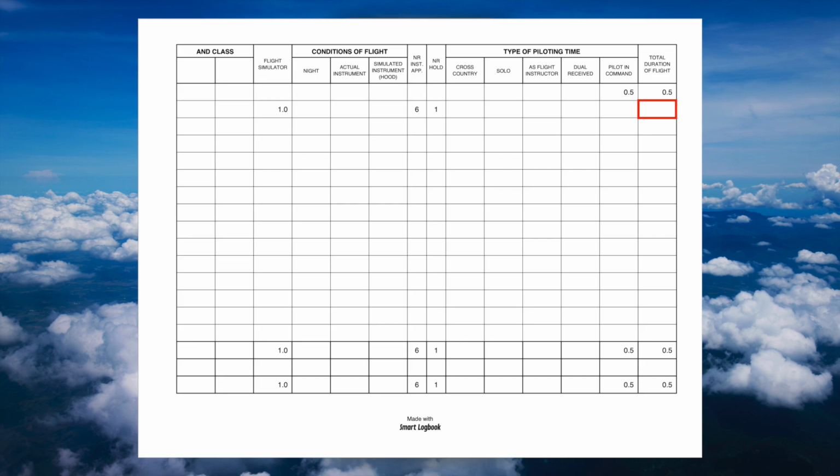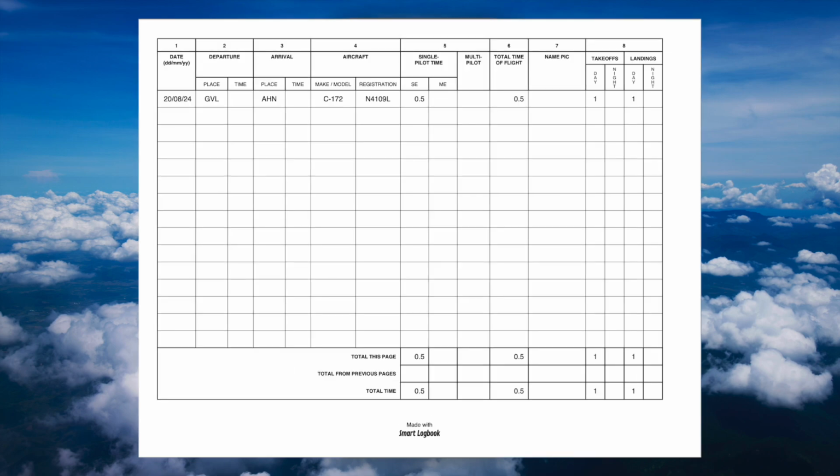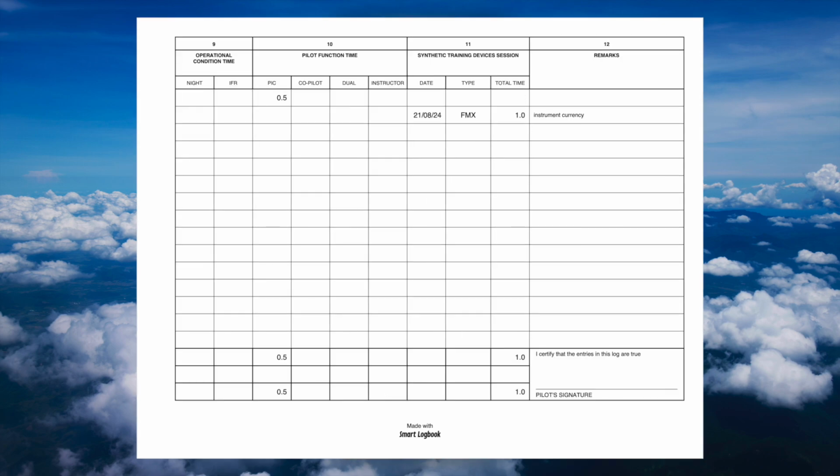Okay, so now let's take a look at another format. Let's take a look at the EASA format. So this is the European format, and if we take a look at the European format, they actually have a set of dedicated columns here for SIM, and that is going to be here on page 2.